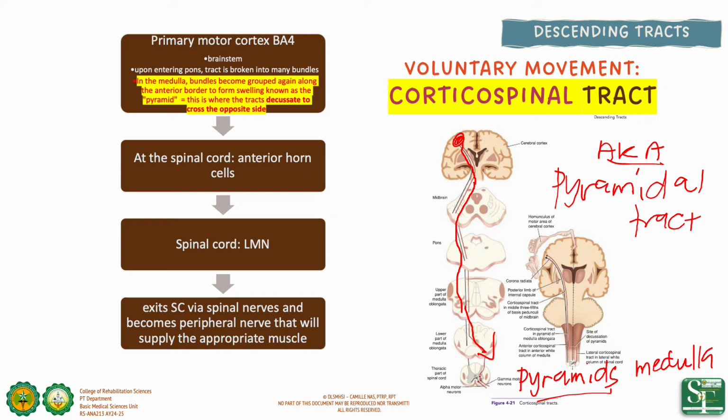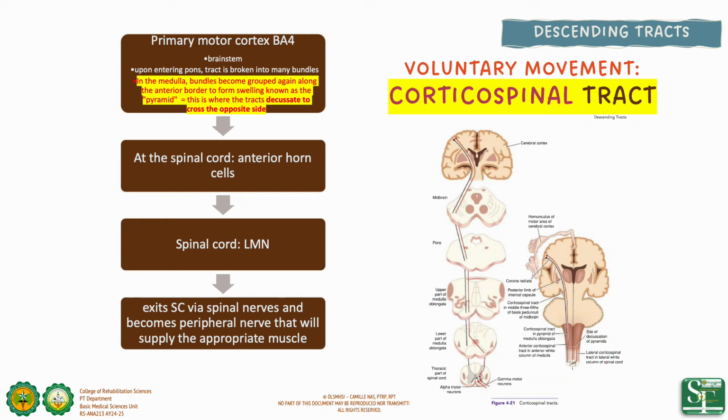So, pagka-decussate niya sa may medulla, crossover na. So, for example, ito. This is the right side of the brain. Dadaan brainstem. Pagdating kay medulla, kailangan ko nang tumawid ng bridge via the pyramidal tracts, no? So, tatawid siya, nasa left side na siya ngayon. From the medulla, bababa na siya, no?